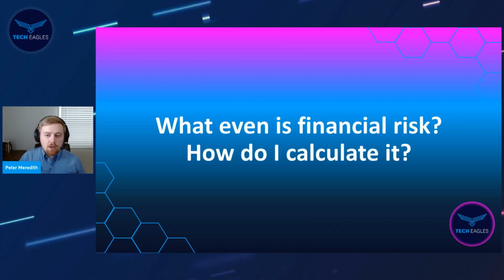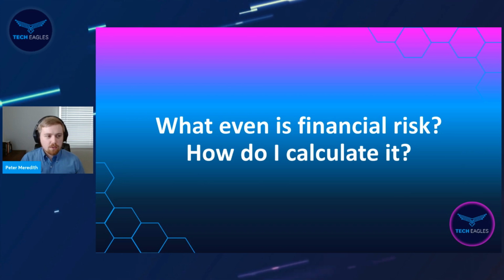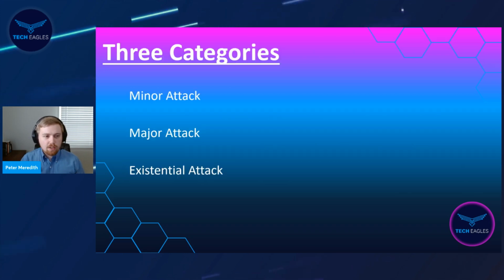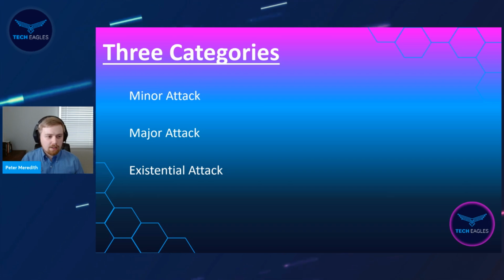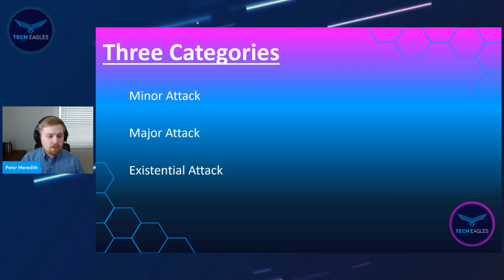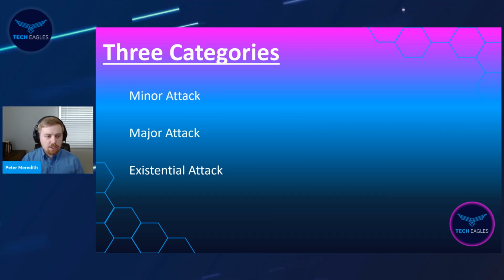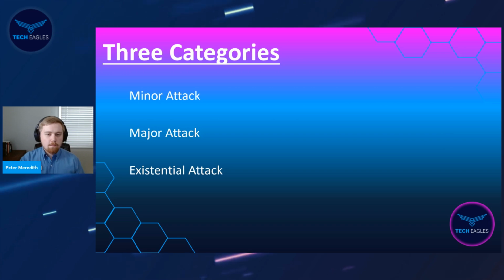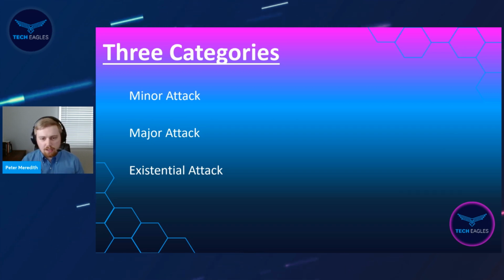To simplify our problem, I have broken down successful cyber attacks into 3 different categories. I'm calling them a minor attack, a major attack, and an existential attack. These categories are not necessarily in the data that I researched explicitly, but they are simply groupings of different data that I discovered.